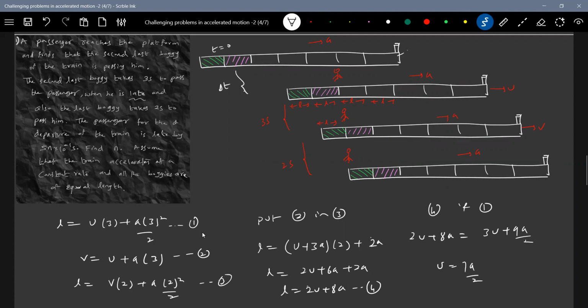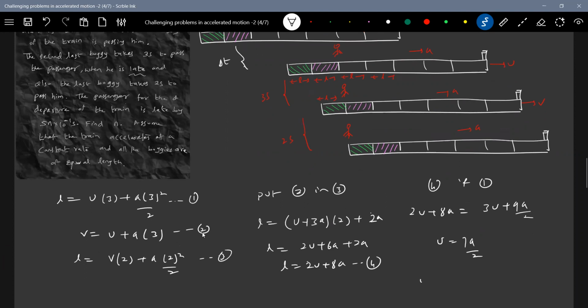Now the train was at rest and it will accelerate. So what is u? The velocity of the train after time delta t should be u equal to a into delta t. So 7a by 2 equals a delta t. Delta t is equal to 7 by 2 seconds.